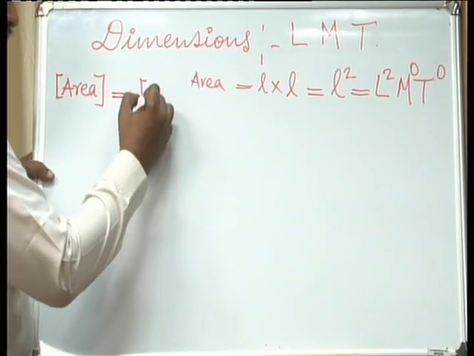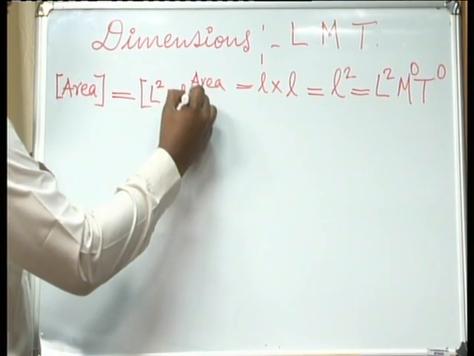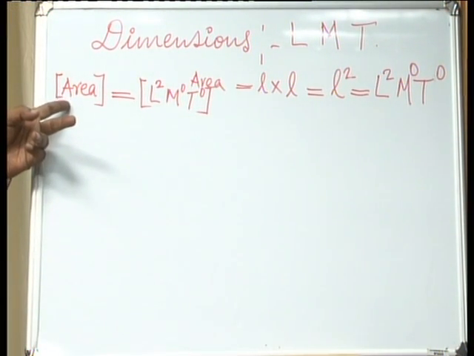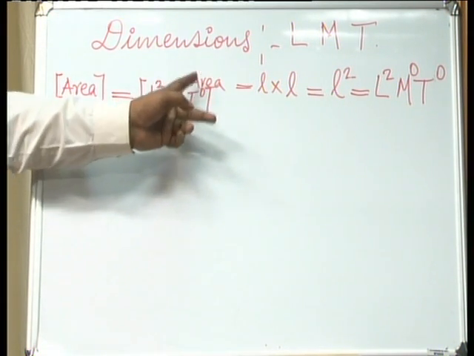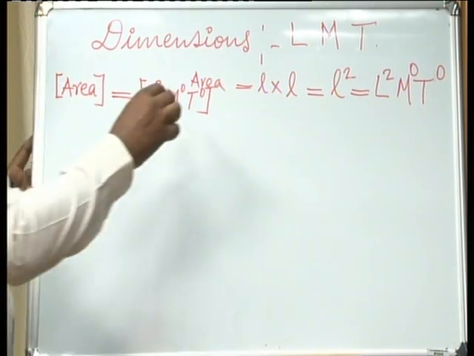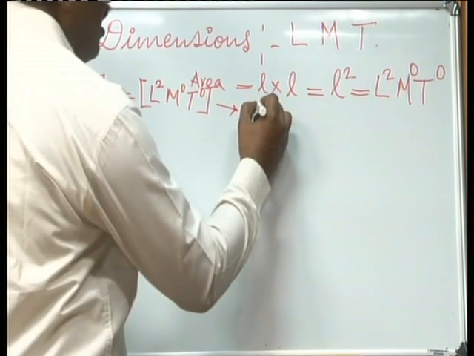This is also put inside the square bracket, like L square M to the power 0 T to the power 0. Therefore, you can say the dimensions of area are 2 in length, 0 in mass, 0 in time. This is one of the conventions to be followed while writing the dimensions of a physical quantity. Now, this final expression is referred to as a dimensional equation or dimensional formula.